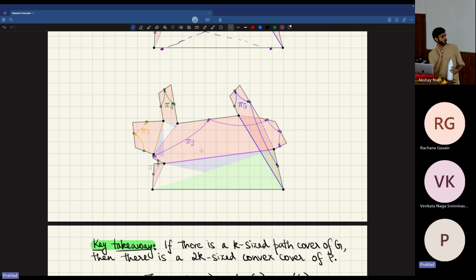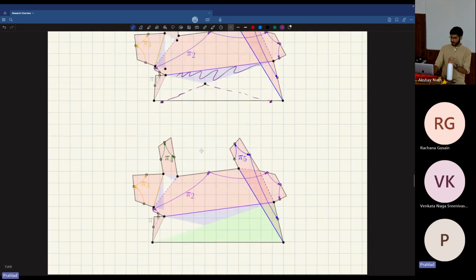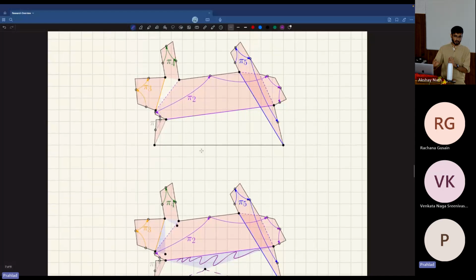So the graph class that we have, the one thing that we proved is that it is its own transitive closure, in the sense of the relation that I said, right? And for that we know that it's easy to find the independence number.